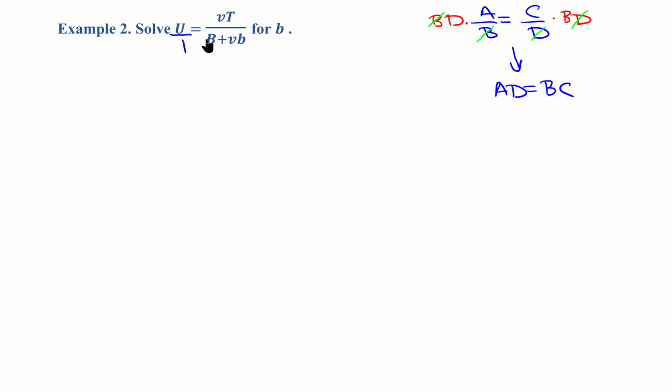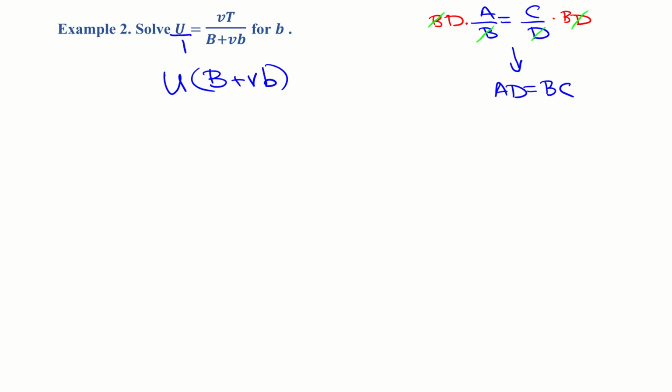So here we're just going to start by just cross multiplying. So we get, and remember that's capital U, right? So capital U times capital B plus VB. Remember, here's one in which we have both capital B and lowercase b, and we're solving for lowercase b.